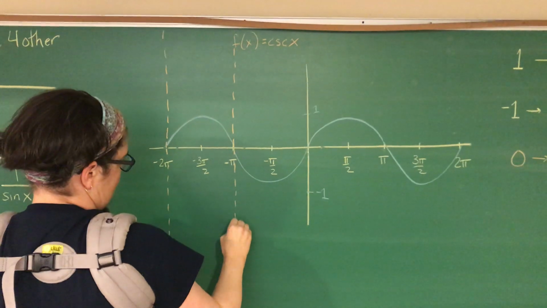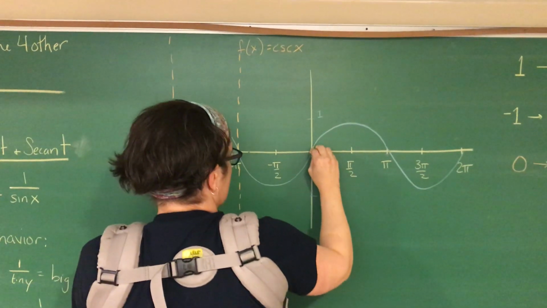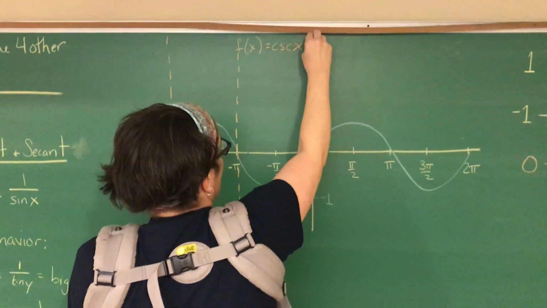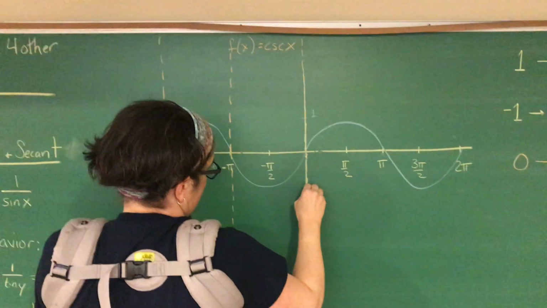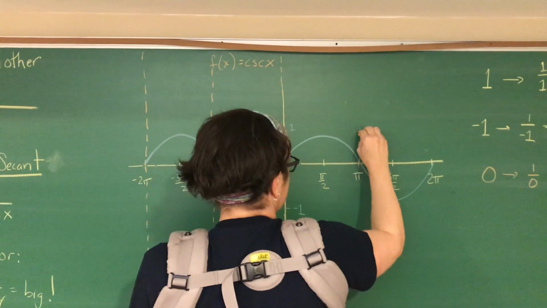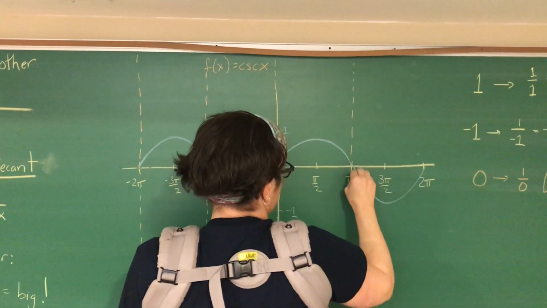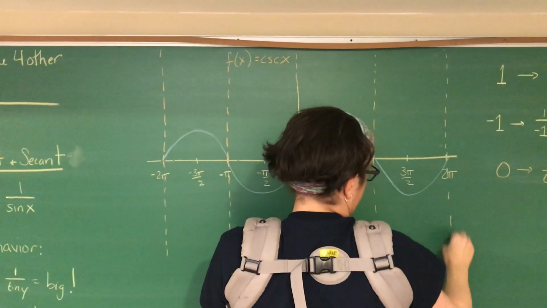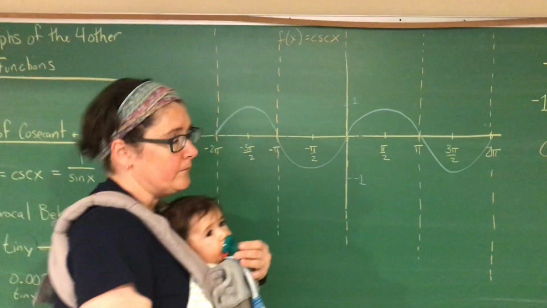In other words, every time the sine function touches the x-axis and has a y value of 0, our reciprocal graph, the cosecant function, will have a vertical asymptote.